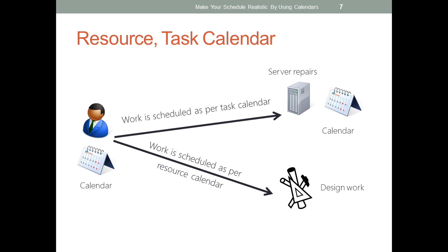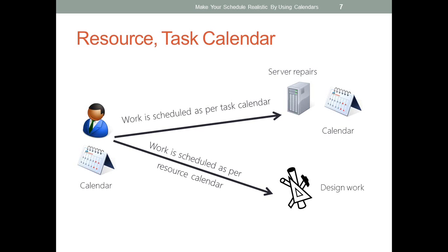Which means, if the task calendar says the server repair can be done on Friday, Saturday and Sunday, whereas the resource is available only from Monday to Friday, naturally the server repair can be done only on a Friday. Not any day between Monday to Thursday, or on Saturdays and Sundays.